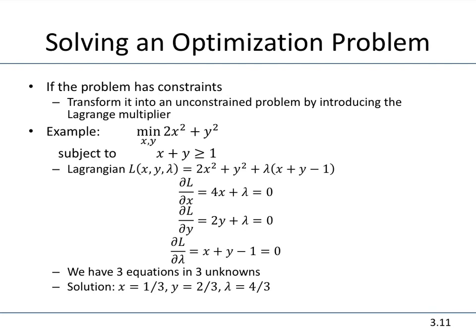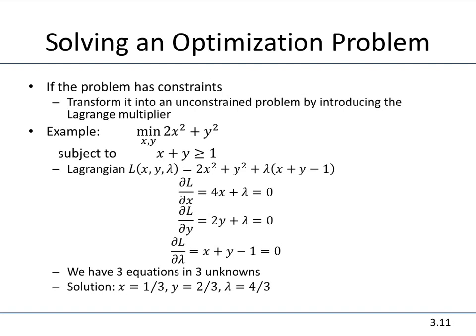So a guy called Lagrange invented the technique of Lagrangian multiplier. By this we mean that if the problem is a constrained problem, we use something called a Lagrangian multiplier to combine the constraint with the objective and make it unconstrained.